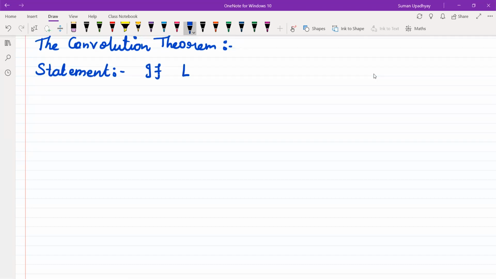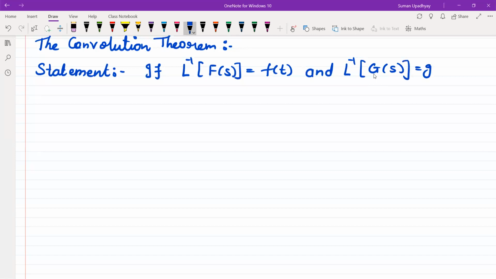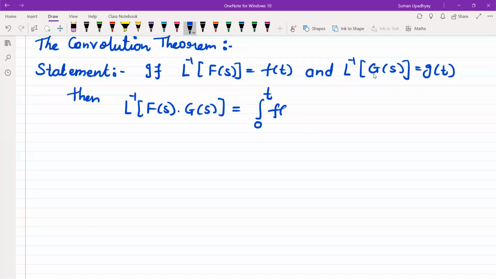The statement is this: if the Laplace inverse of F of s is f of t and the Laplace inverse of G of s is g of t, then the Laplace inverse of F of s into G of s will be the integration from 0 to t of f of u into g of t minus u, du.